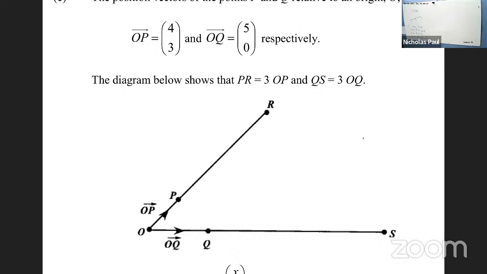Right, so find PR and QS. Look at all the information I need here. PR is 3 OP. That's all the information I need.